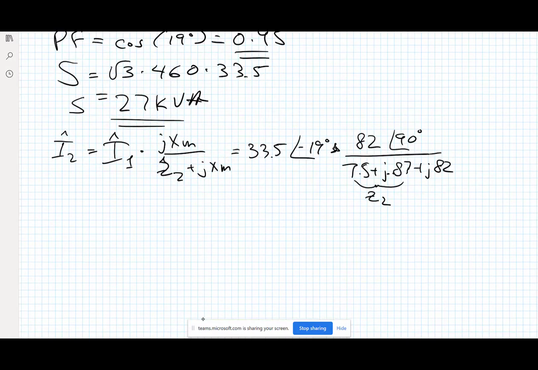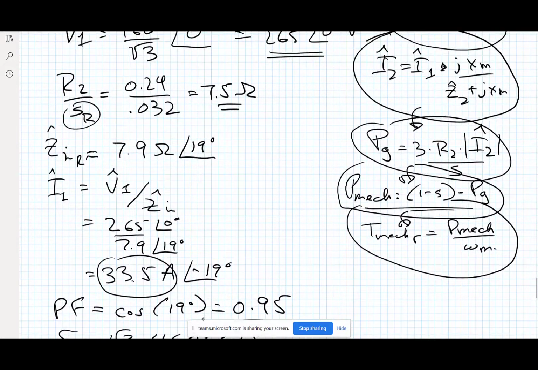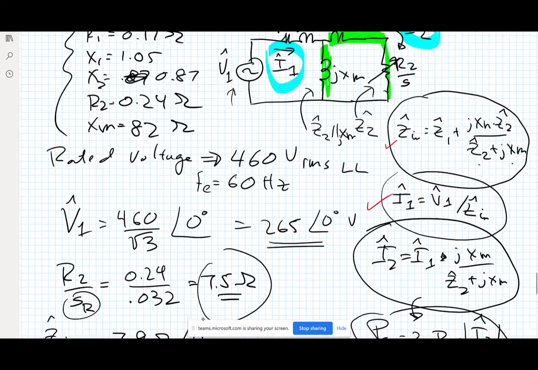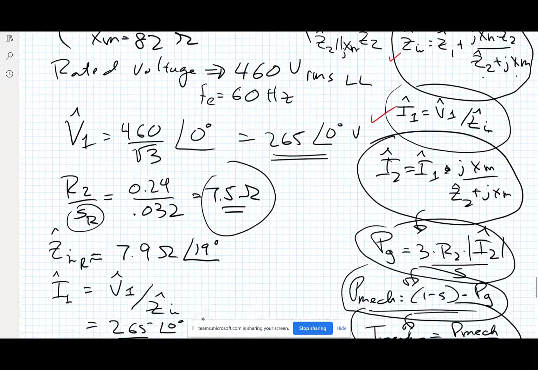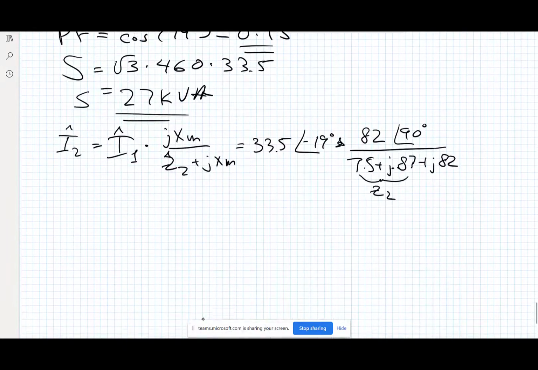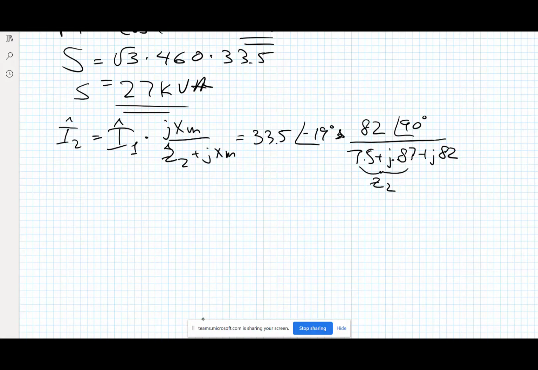That's R2 over S here, right? 0.87 is the leakage inductance of the rotor. So I just convert this to a magnitude now.